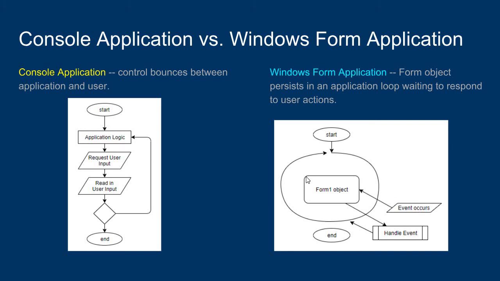Now, when an event occurs on our object, we will handle that event, and then we come back to our infinite listening loop. Now, we do not know what event will occur or when an event will occur, but whenever an event occurs on our object, we immediately will handle that event and then go back to listening. And this application loop will persist until the user decides to close the application.